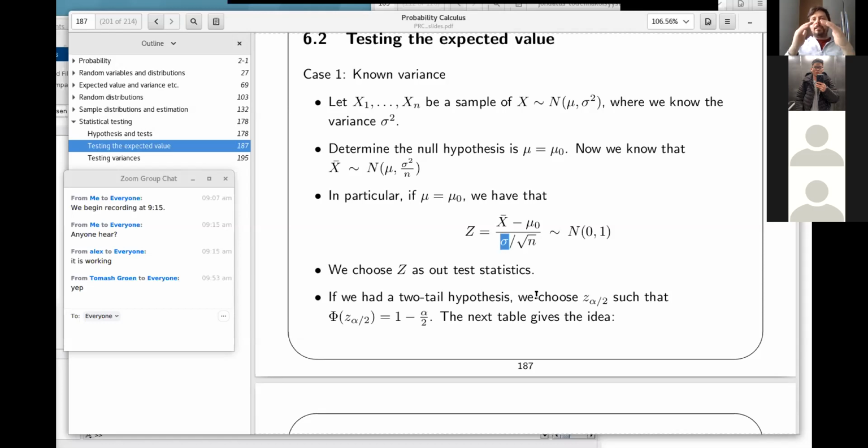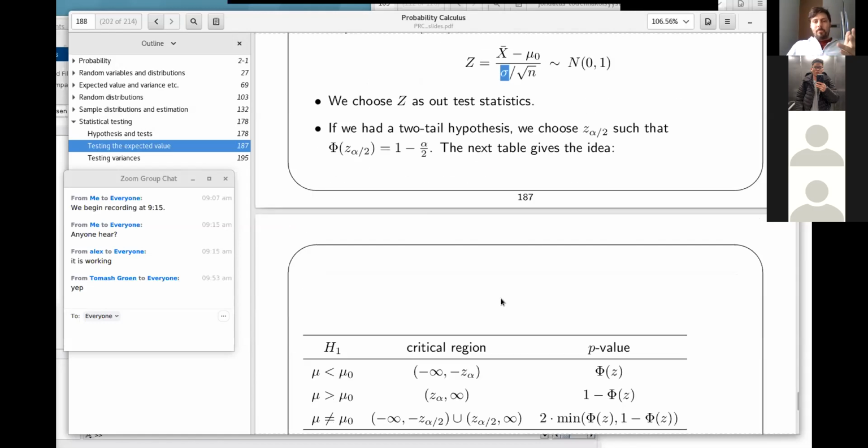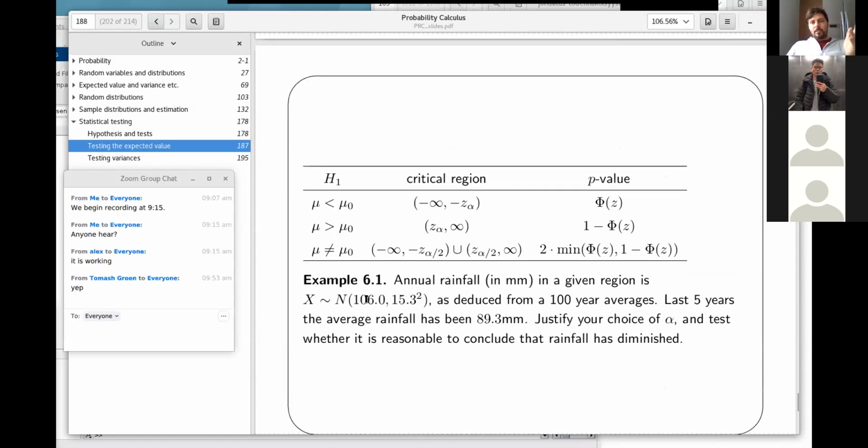And if that turns out to have an extraordinarily small or extraordinarily large value, as determined by whatever our alpha is, usually it's 5%, sometimes 1%, sometimes even 0.1%, depending on what we want. In some cases, they want it to be 1 in a trillion, something like this.